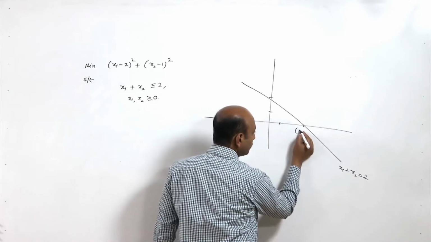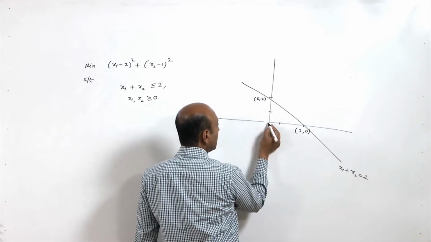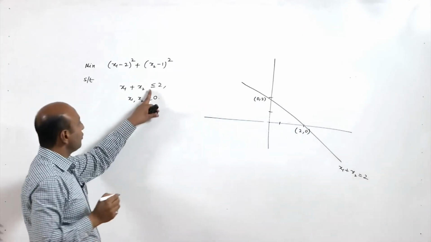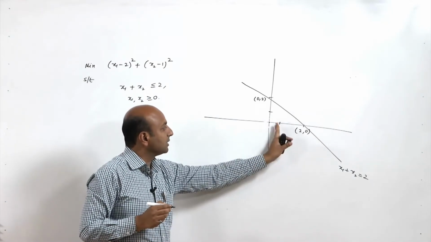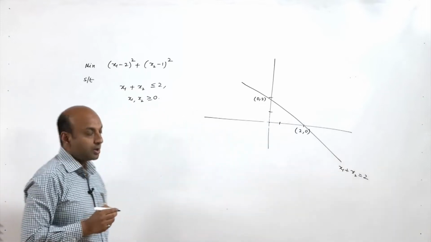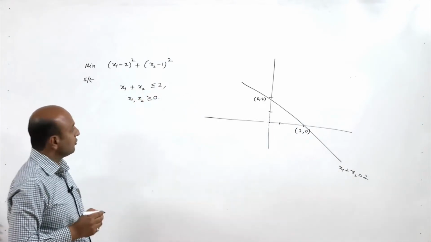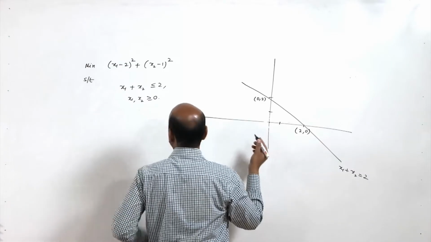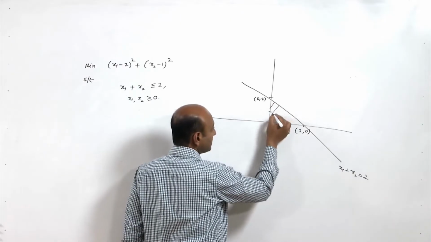So, this point is (2, 0) and this point is (0, 2). And it is less than or equal to 2: if we take a point on this side of the line, say (0, 0), then 0 plus 0 is less than or equal to 2, satisfying the constraint. So, we shade towards the origin, and x1, x2 are non-negative also, that is the first quadrant. So, this will be the feasible region.